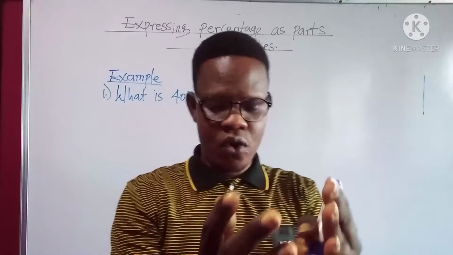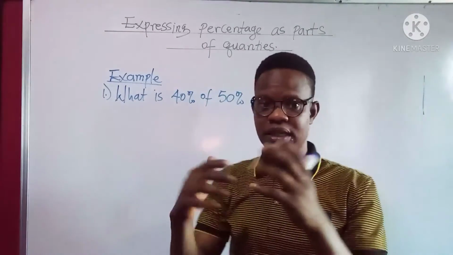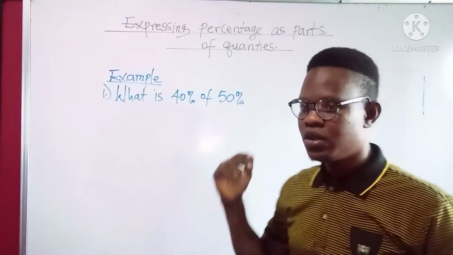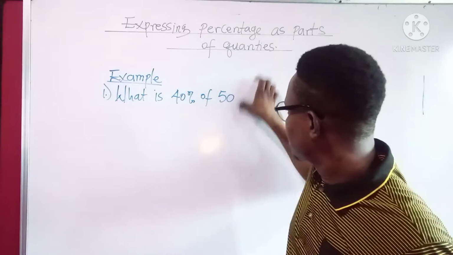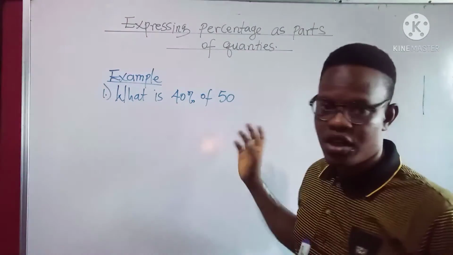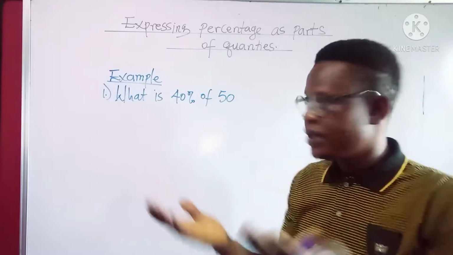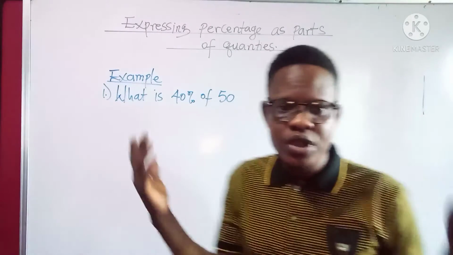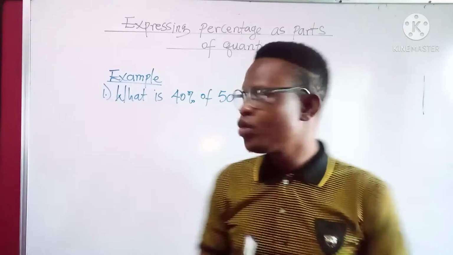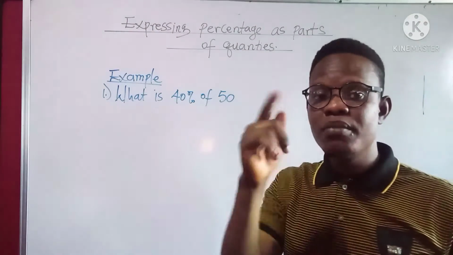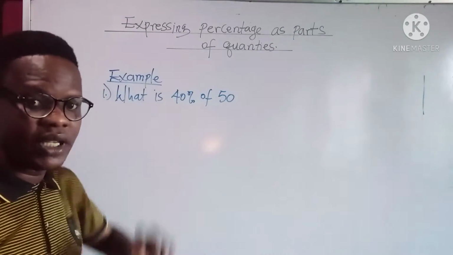You sit for a test, and the test has 50 questions. After the test, your teacher tells you, or in your test script you have just seen 40%. The question is, how many marks did I get? It's very simple. You can work out how many marks you got out of 50.